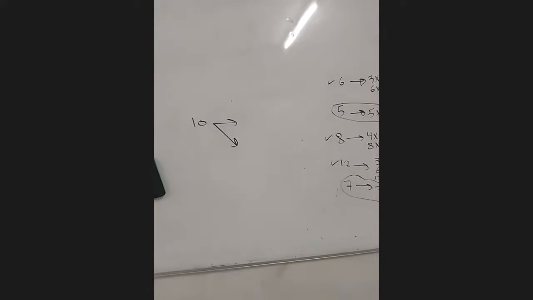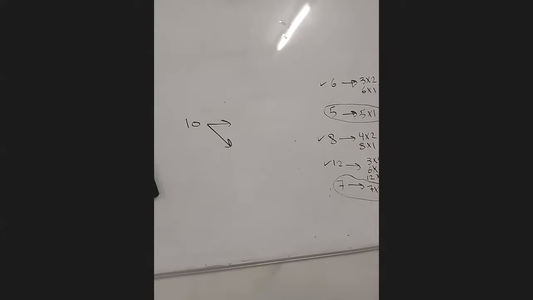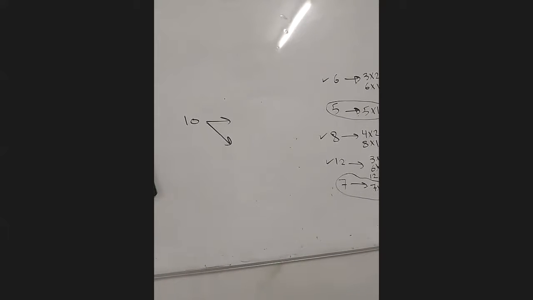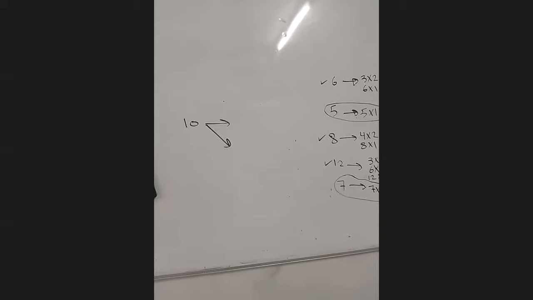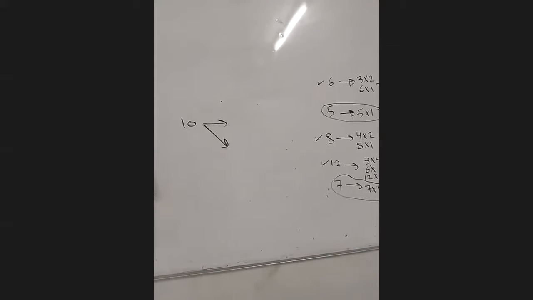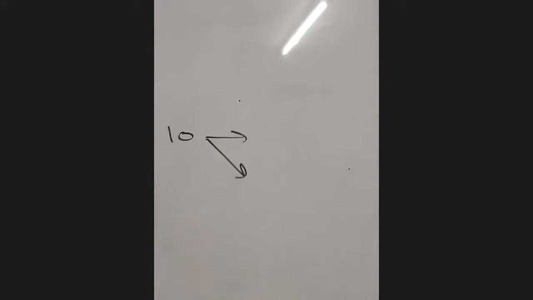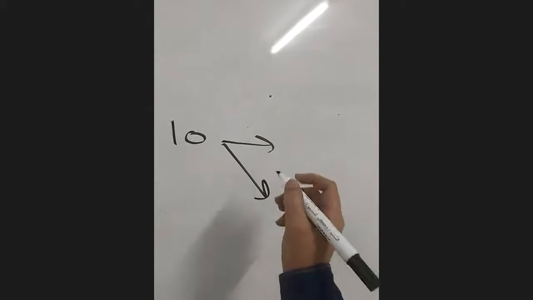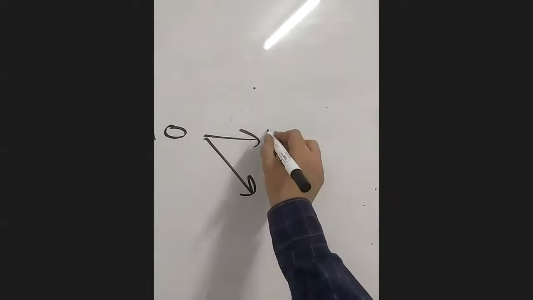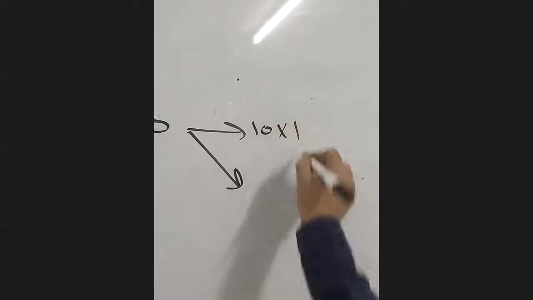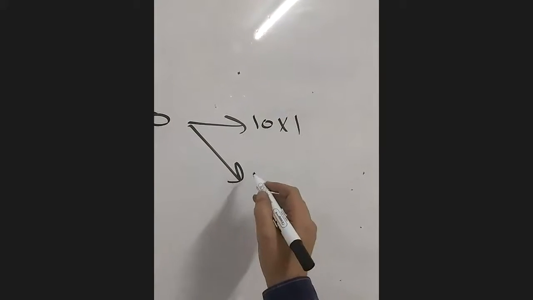Jalal. Composite. Yeah, Mr. Jalal. Why composite? Because 10 by 1 equals 10, and 5 by 2.